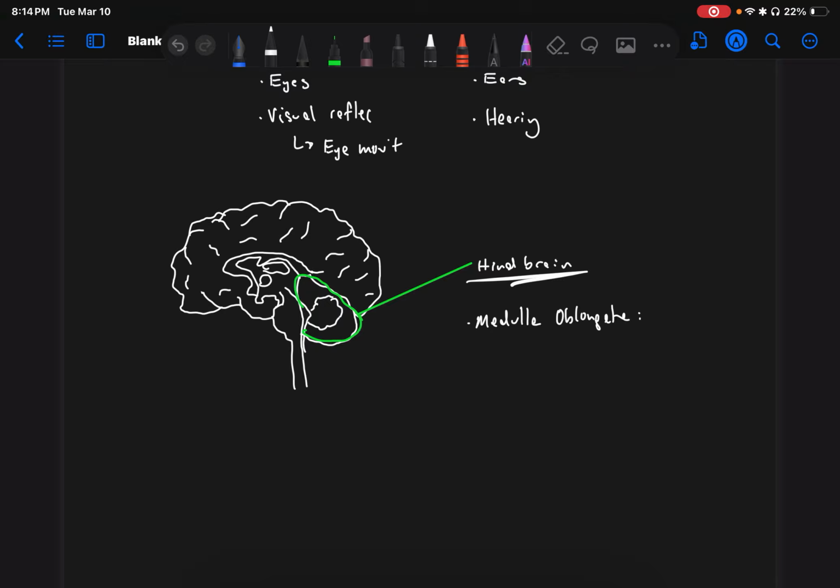Well, it's responsible for autonomic function, like basic life functions, things like swallowing, digestion, and also more important things like heartbeat and breathing. So this is just the main function of basic life function.